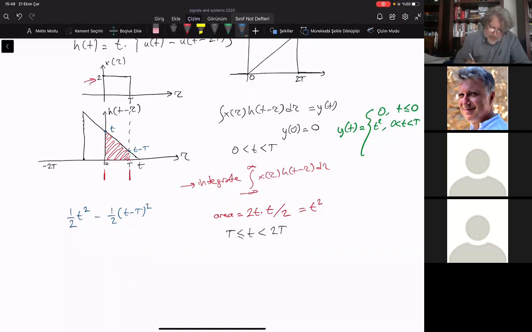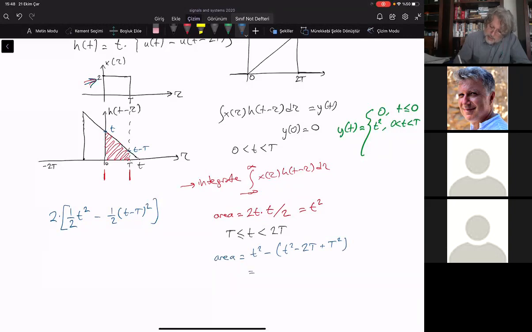And then I will multiply everything by 2 because of this 2 here. Everything is scaled, which will give me area equal to, the 1/2's will cancel with the multiplication by 2. It will be t squared minus (t squared minus 2t capital T plus capital T squared).